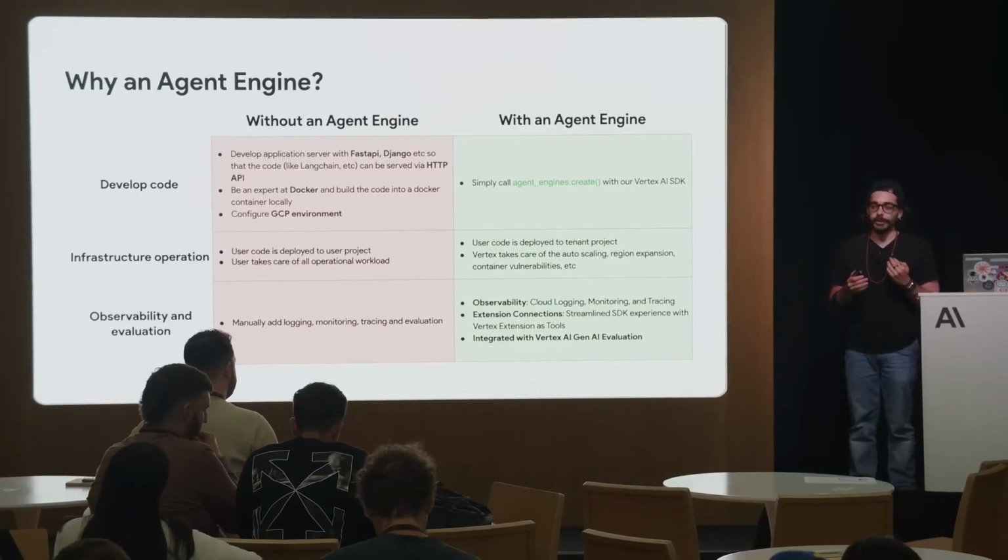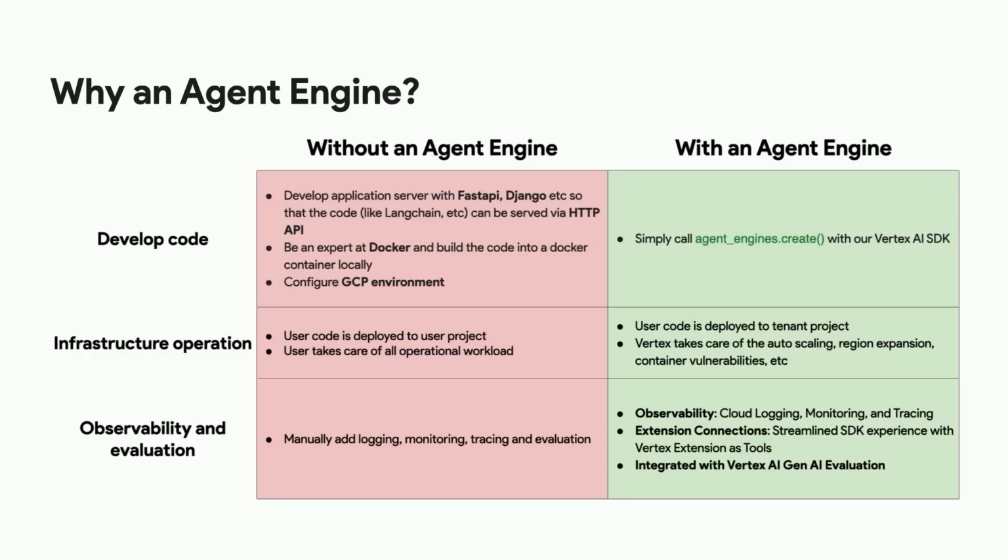For the last part of this presentation, I want to show you how you can easily deploy the agent on Agent Engine. First, let me introduce what Agent Engine is and why you need one. When you need to deploy agents at scale, you need to figure out a lot of complexity.